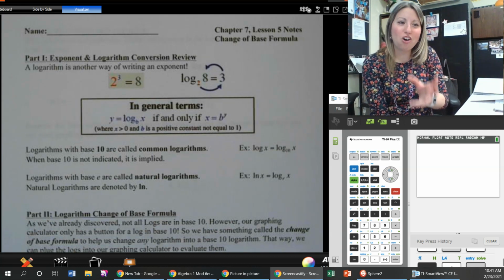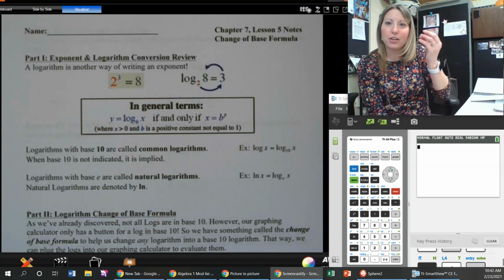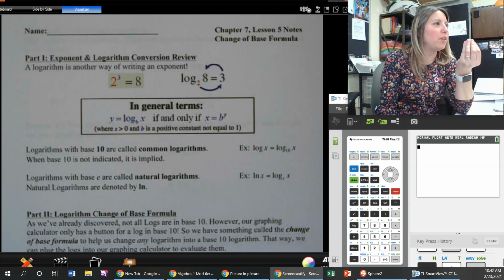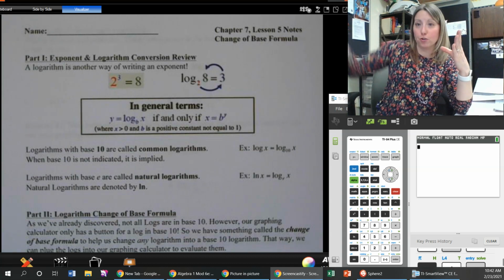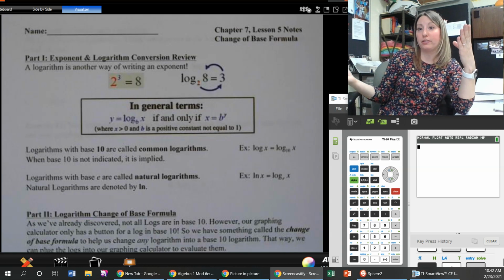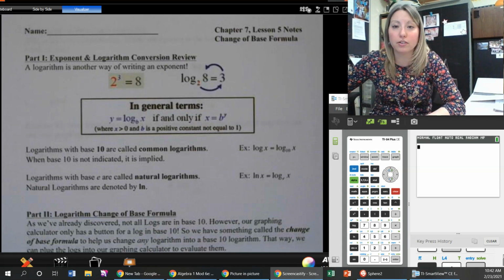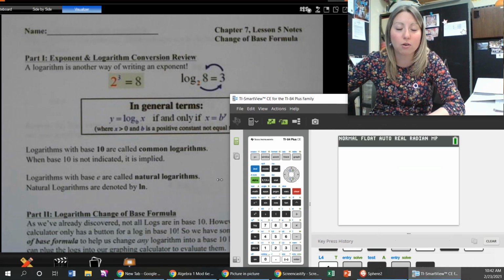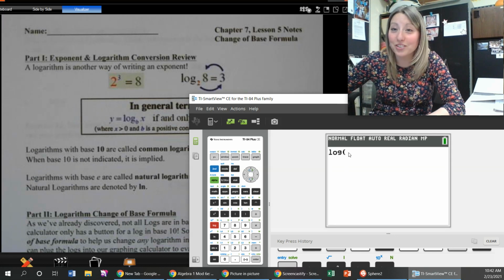We have this thing called the logarithmic change of base formula that takes our log with any base with its answer present and converts that into having base 10 for both. Because remember, the log button on your graphing calculator is assuming base 10.